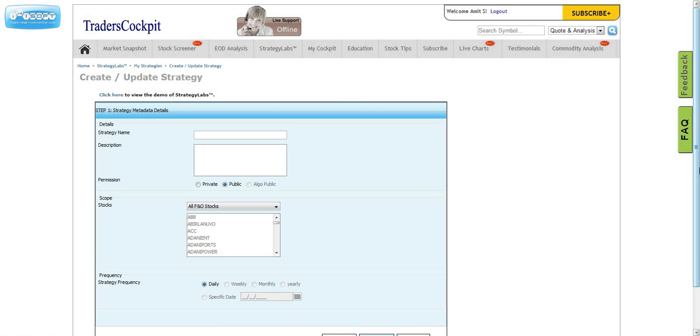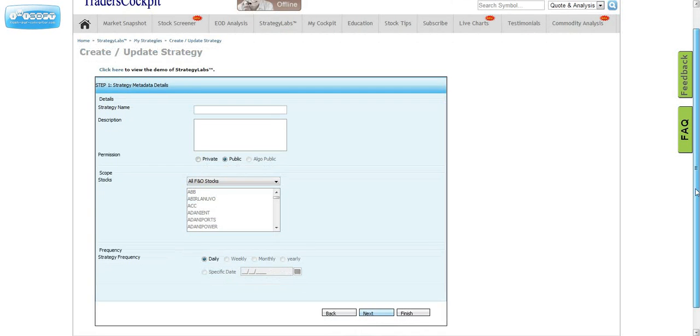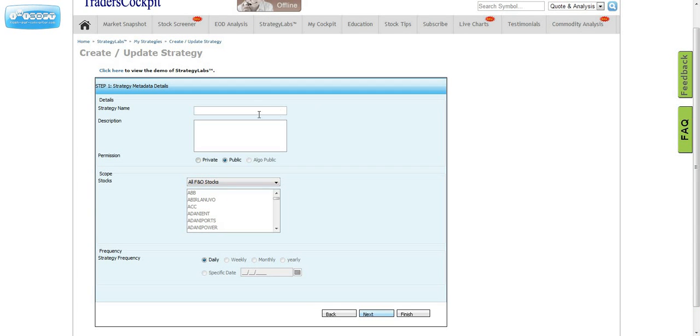In this demo, I'll just quickly cover the steps, and the actual trading system we will create in the next demo. In the first screen, you give the name of the system. Let's call it a moving average crossover system. Then you define against which stocks you want to backtest or you want your system to run.